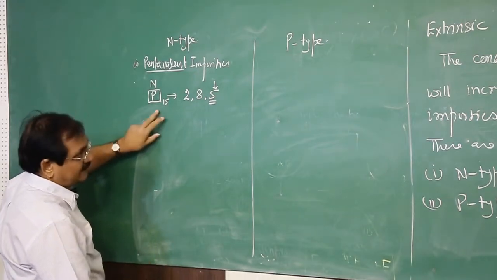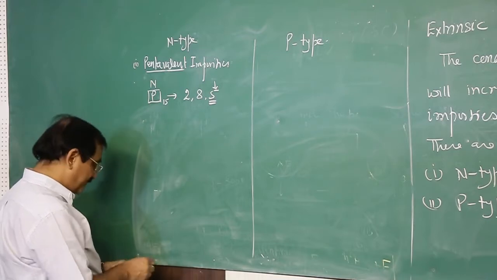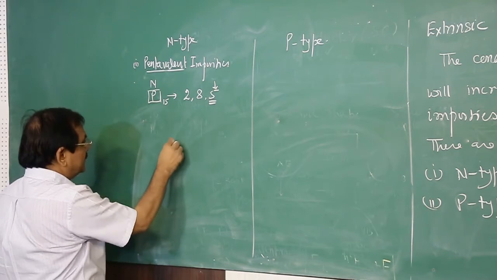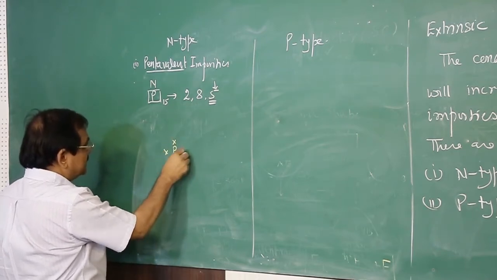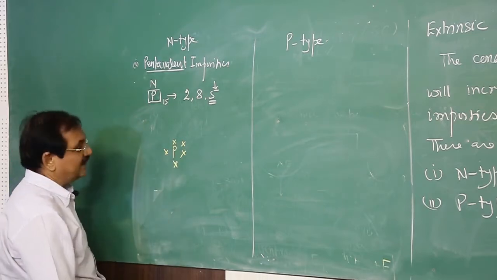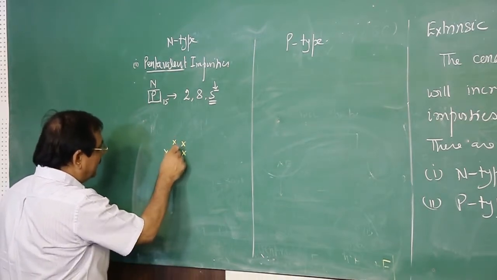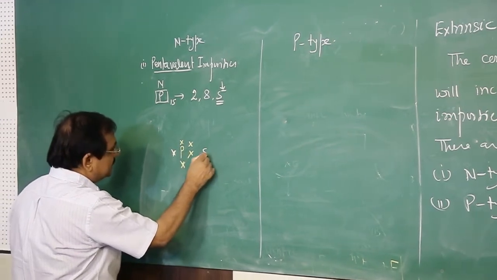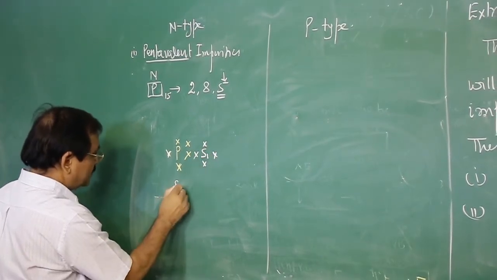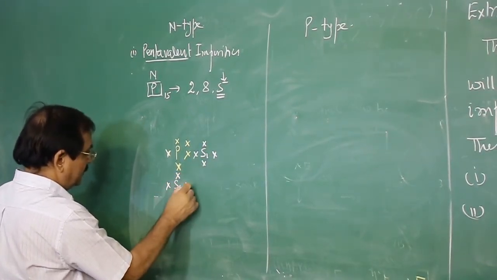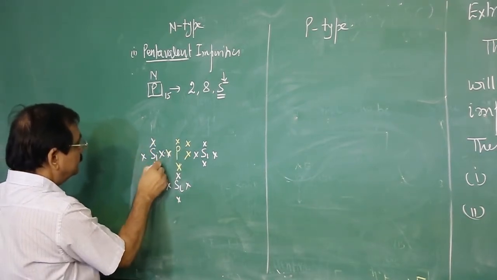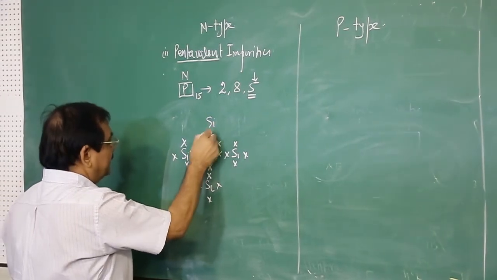Now, if we draw the structure, suppose this is the phosphorus, and this phosphorus has these 5 electrons. This phosphorus has to bond with the silicon: it bonds with this silicon, this silicon, and this silicon.